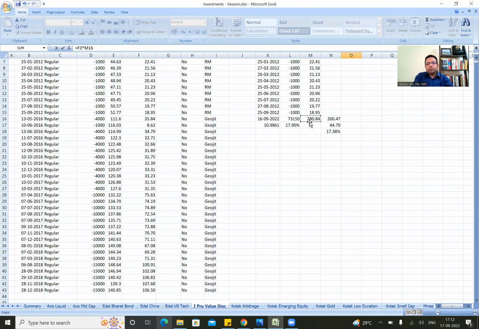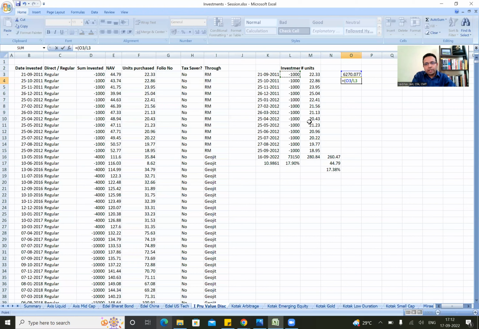So this 1,000 rupees became 6270. I mean, it has grown by 6.3 times. But if you will do this calculation again, it will give you the same number. So you'll get to know that why, kind of it is. And we have to just take this as a negative value because it is already written as a minus 1,000. So this to the power 1 divided by year frac, which is this number, minus 1.